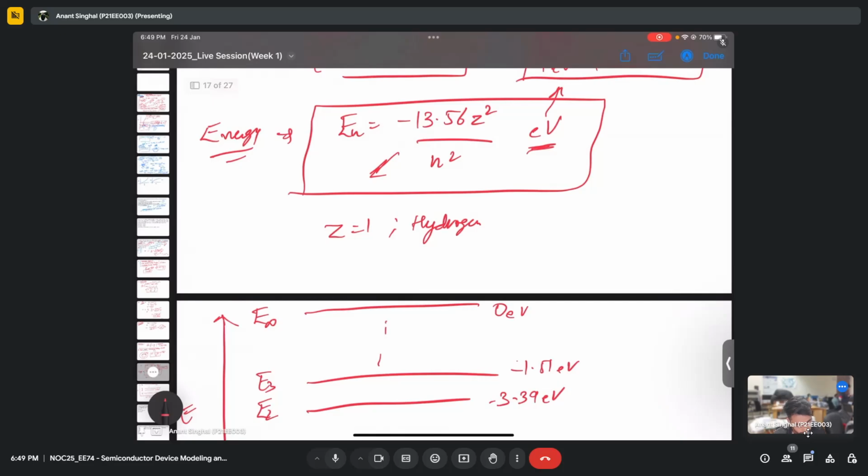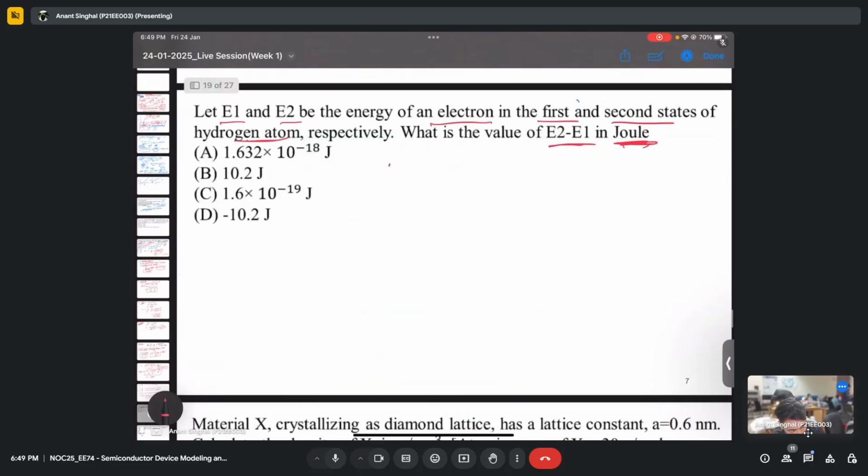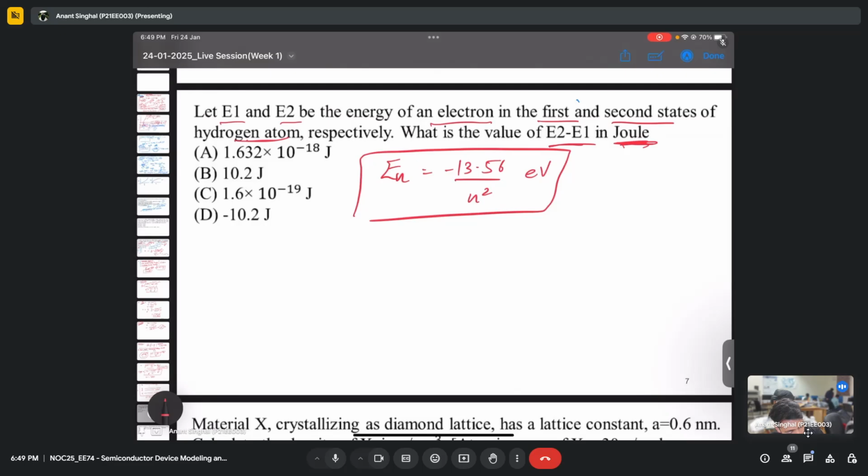Okay, wait. So let me write the formula to make it easy. This is minus 13.56 by n square. I'm not writing Z because it is hydrogen. This is in electron volt. The question is asking in joule.